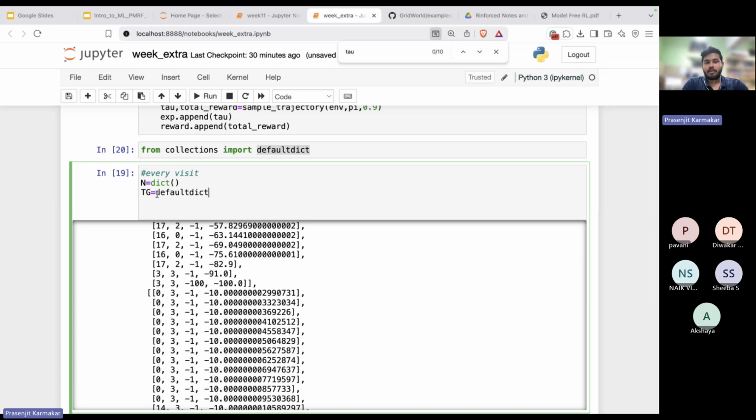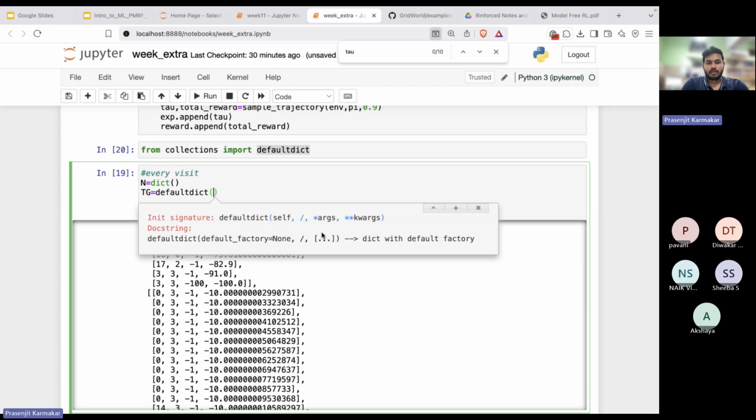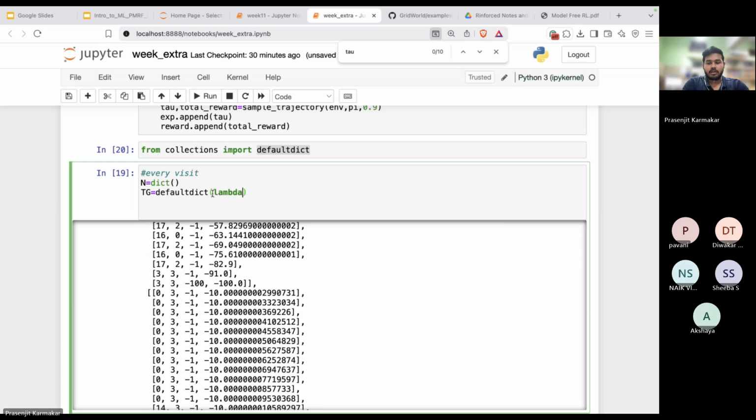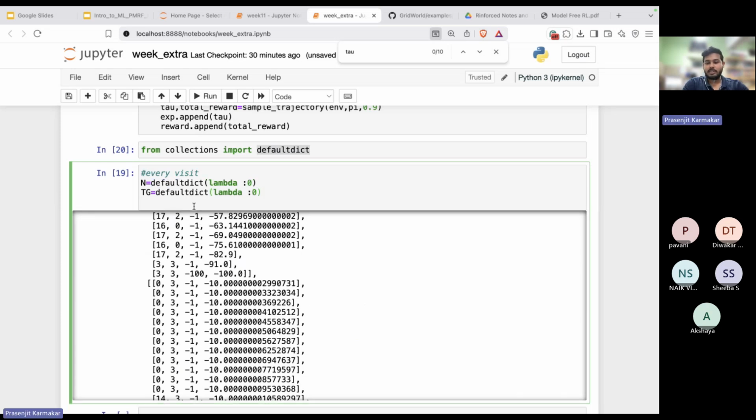Whenever you visit an unvisited state, initialize it to 0. So the factory, my lambda, would be 0, so my initial value for any unknown key is 0. I have to do it for N, and TG also has to be initialized to 0, because I will be doing TG equal to TG plus G_t. Now these two are initialized.